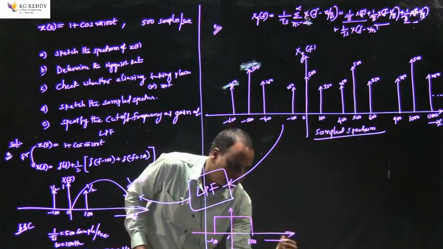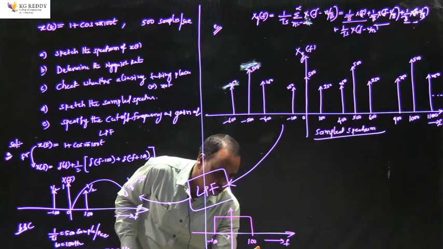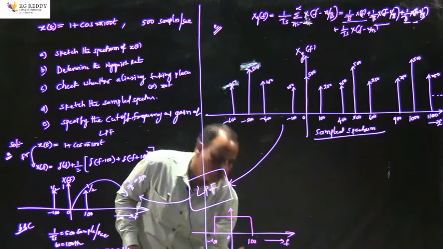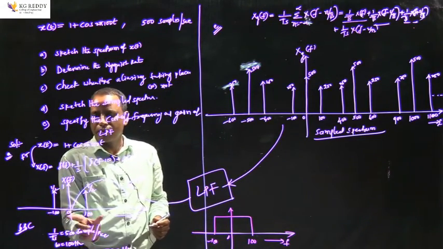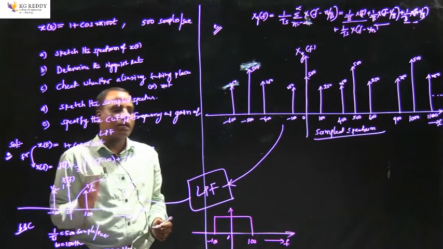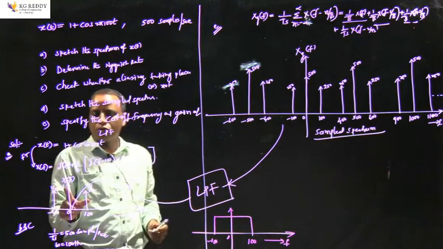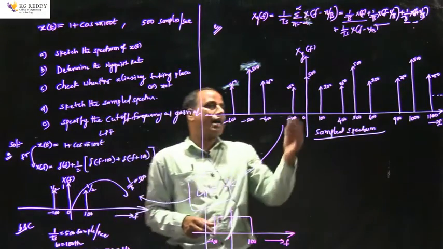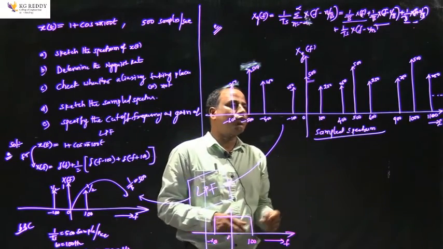With this cutoff frequency omega naught of 100 hertz, we are able to get only the components at minus 100 and plus 100, and in between one component at the origin. But if you look at the magnitudes of the original spectrum, they are 1, half and half, whereas here they are 500, 250 and 250.